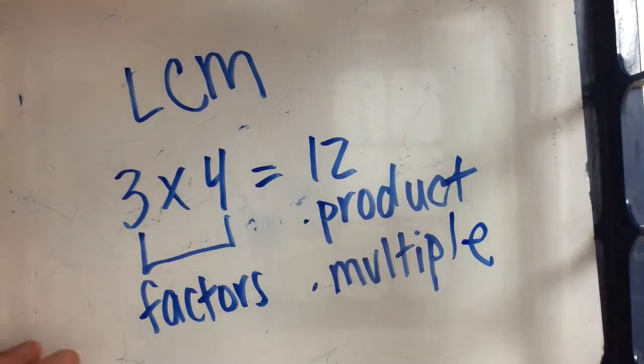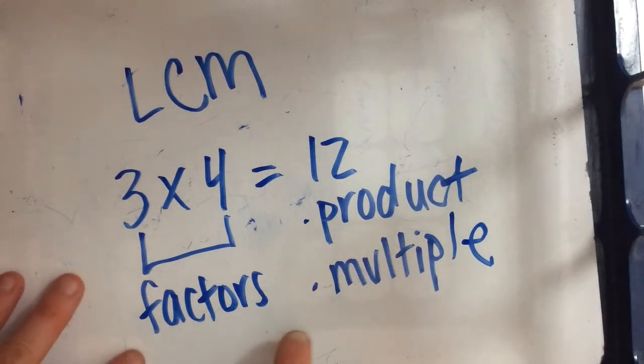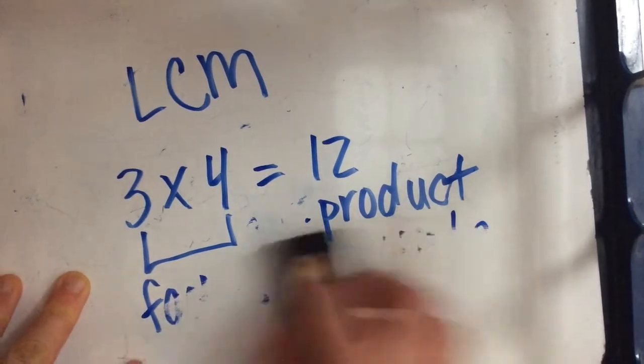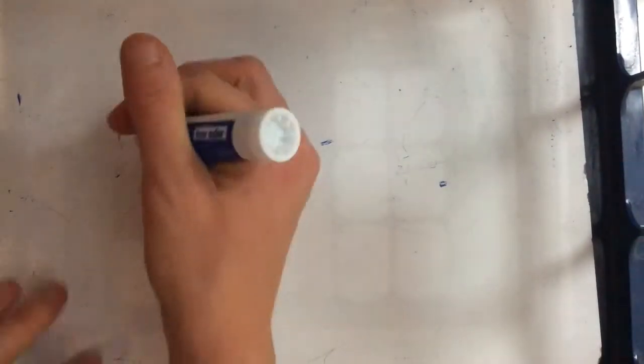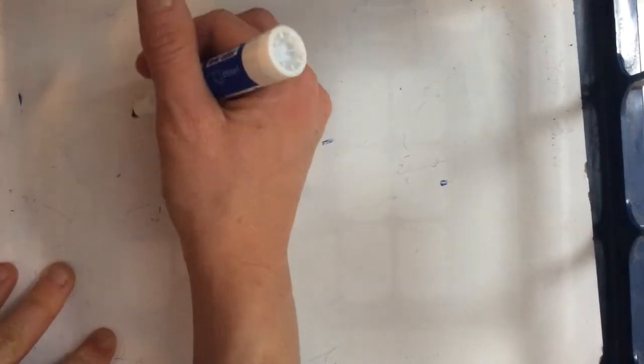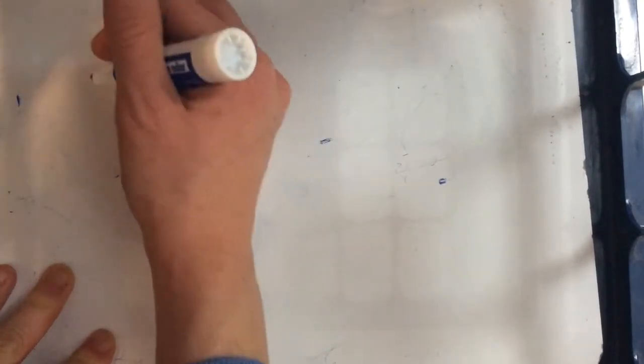So let's see how the least common multiple can help us with fractions. Okay, so when we're using the least common multiple, we've been using it to help us when we're dealing with more than one fraction, okay?